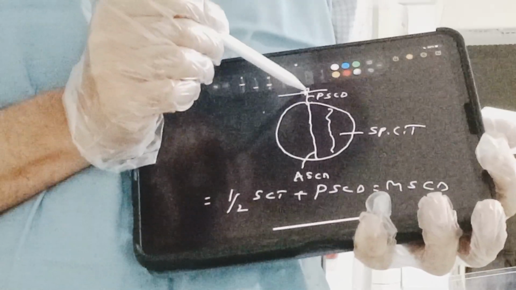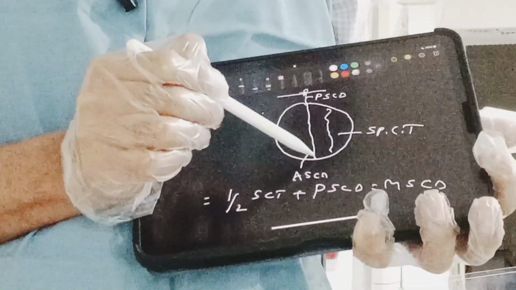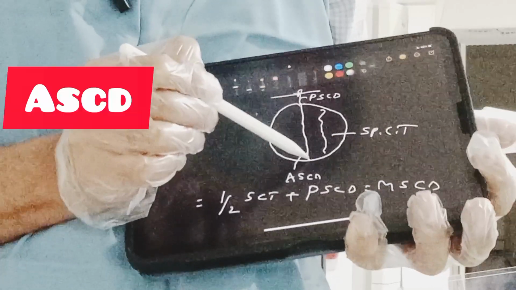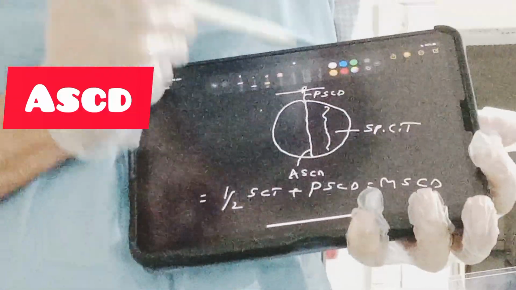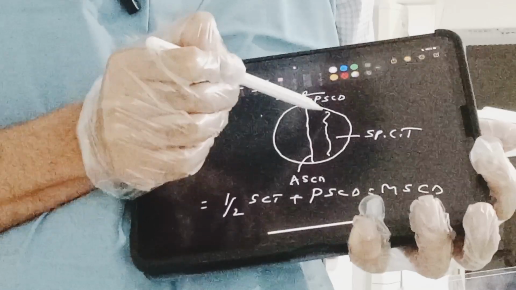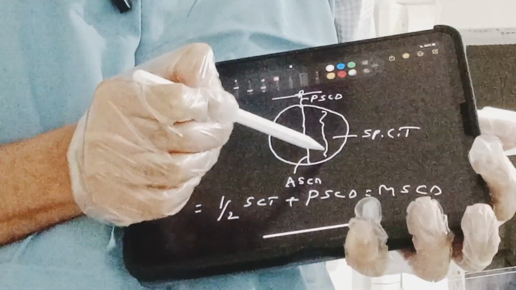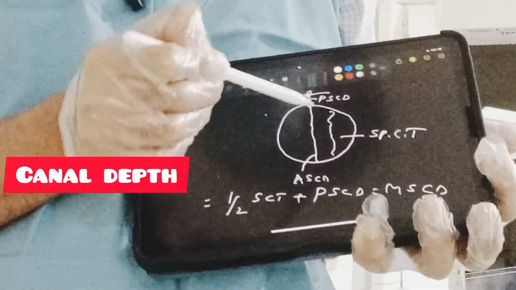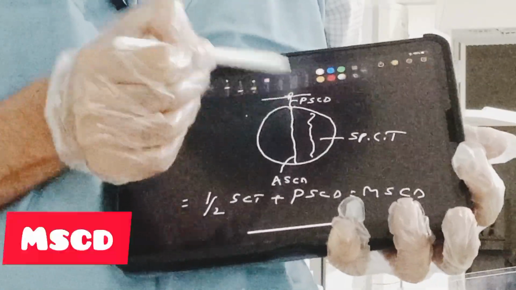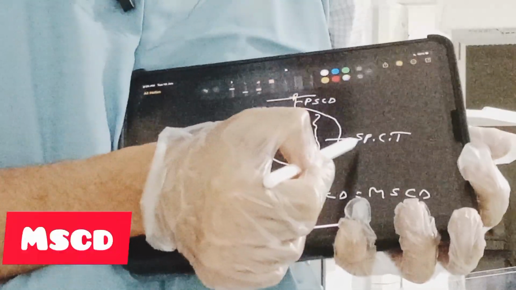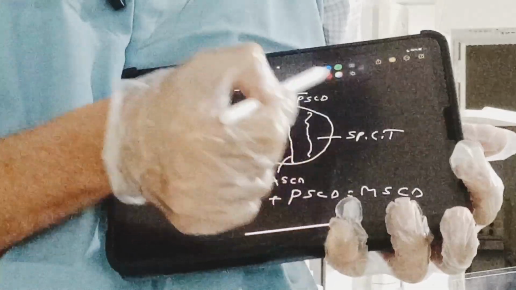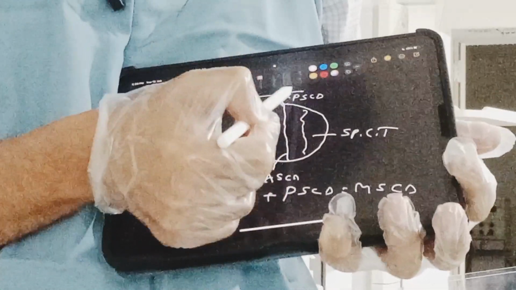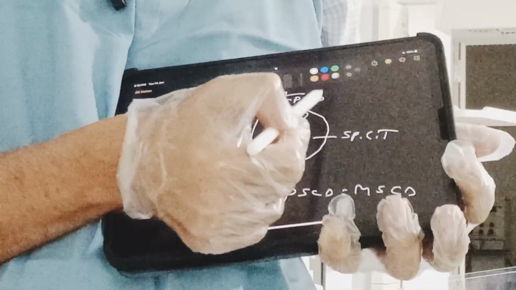Then from skin till the end of that bone will become the anterior spinal canal depth. Then the area here is your spinal canal depth. To get the mid spinal canal depth, we take half of this spinal canal depth and add that to the posterior spinal canal depth. Are you clear?